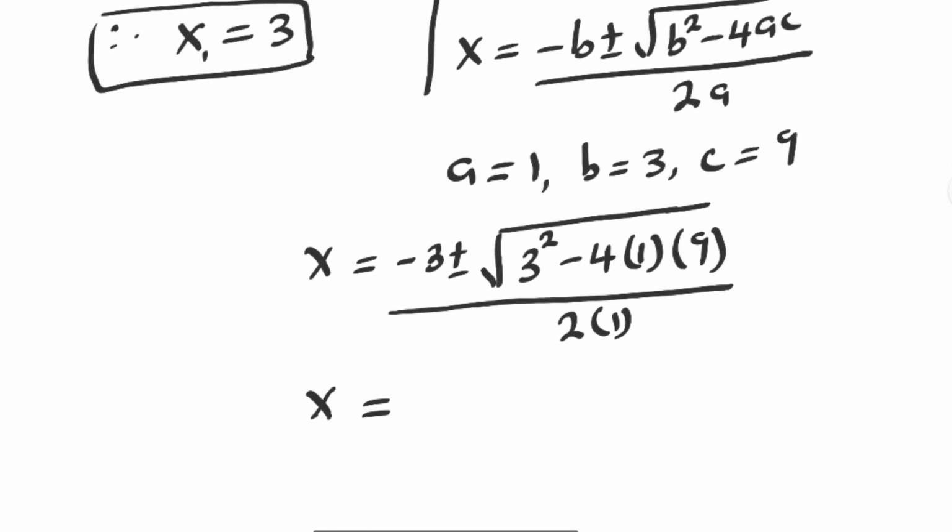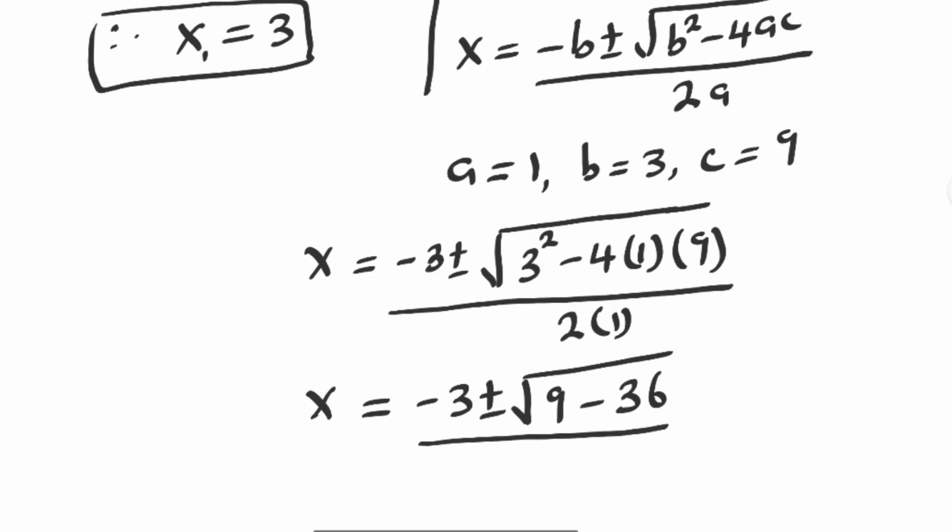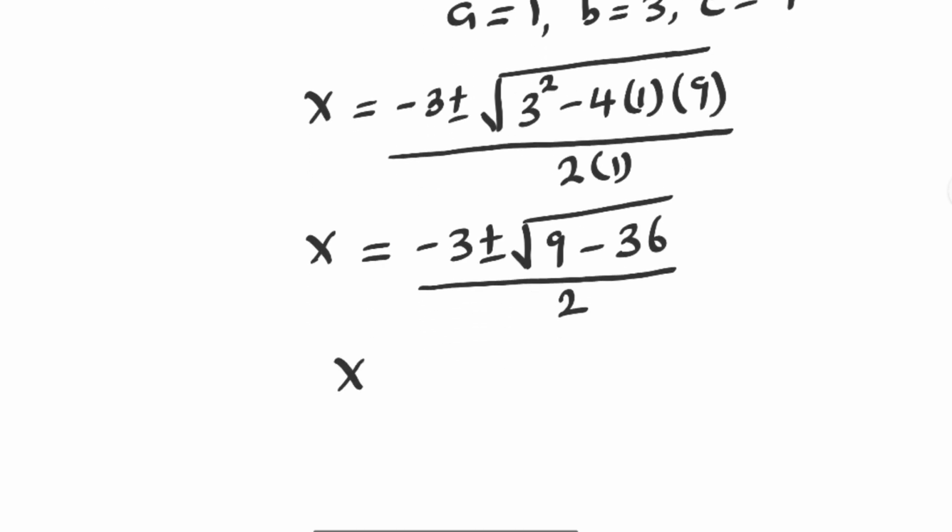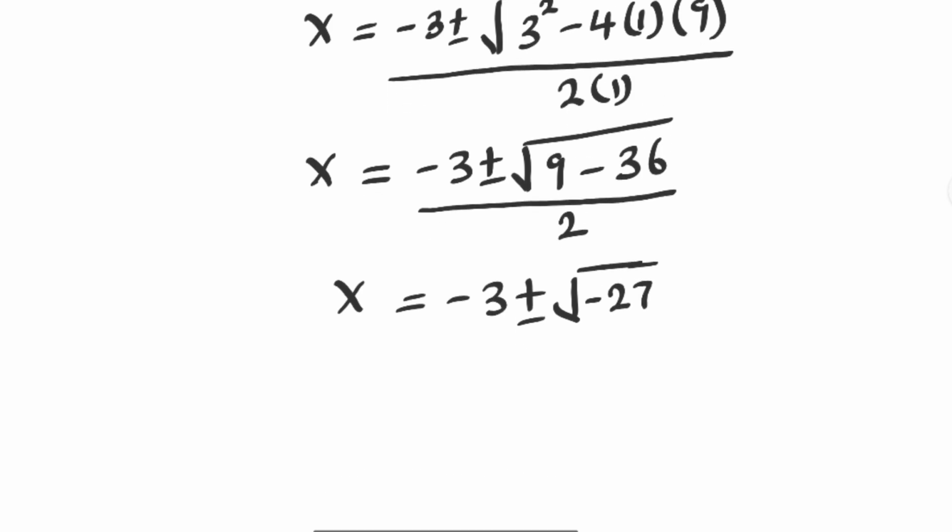S is equal to minus 3 plus or minus square root of 3 square, that is 9, minus 4 times 1 times 9, that is 36, over 2 multiplied by 1, 2. S is equal to minus 3 plus or minus square root of 9 minus 36, that is minus 27, all over 2.